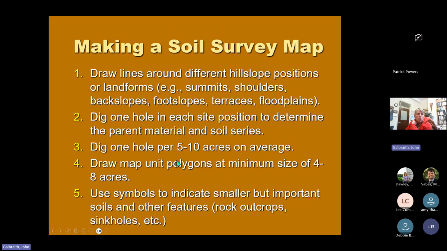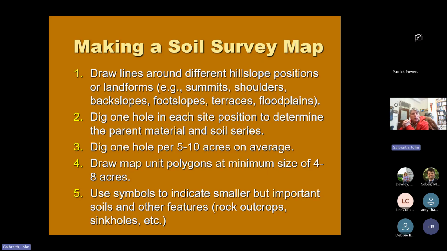This is a set of instructions on how a soil survey was made. And it helps you to understand, if you know how something was made, how to use it. So what the procedure was many years ago is we would take aerial photographs, pencils, erasers, and black India ink pens.